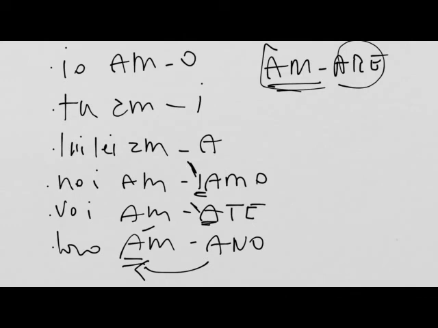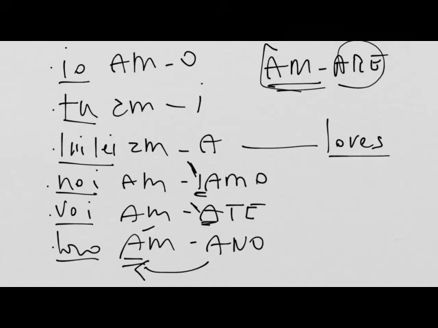I love, you love, he, she loves, we love, you guys love, they love. So English does not have endings that tell you who the subject is, except for this form. We know that if we encounter the verb loves, it is either he or she or it.